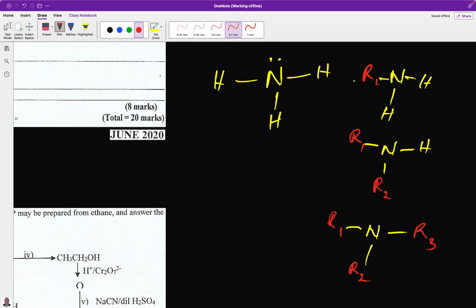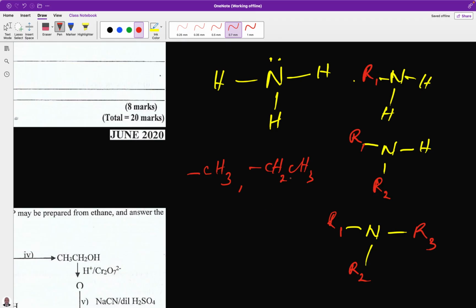So by substituting one, we have a primary. R could be a methyl group, an ethyl group, a propyl group, or a butyl group.